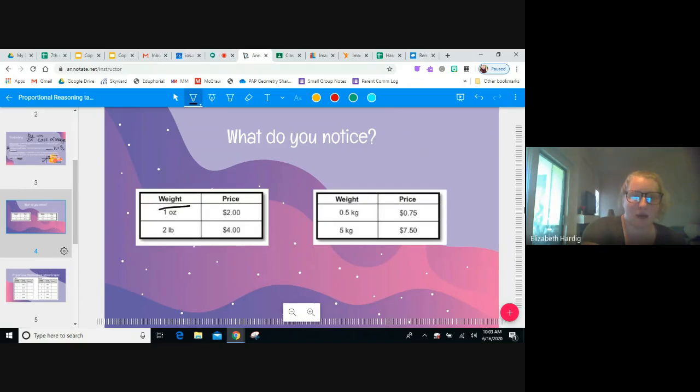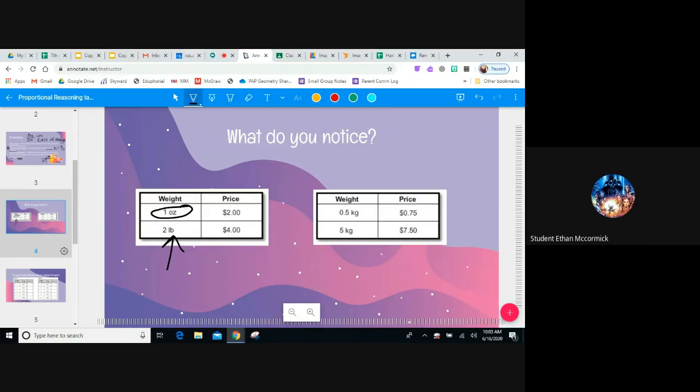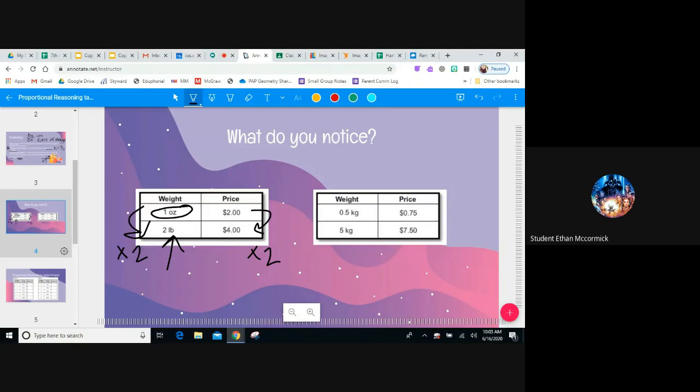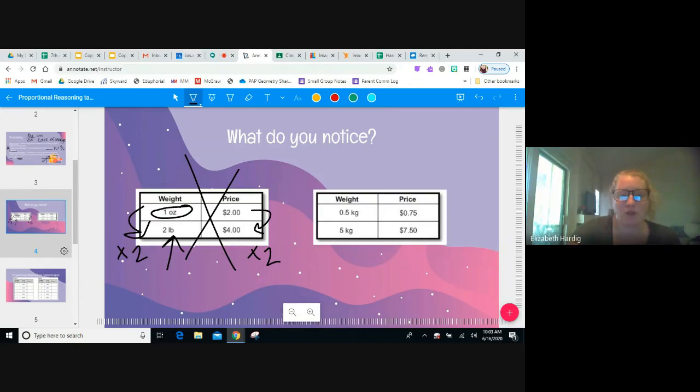Okay. So we have ounces here and then pounds right here. So that's not the same quantity. Even though it looks like we did times 2 on both sides, is that going to be a proportional relationship? No, because you're comparing 2 different quantities right here.